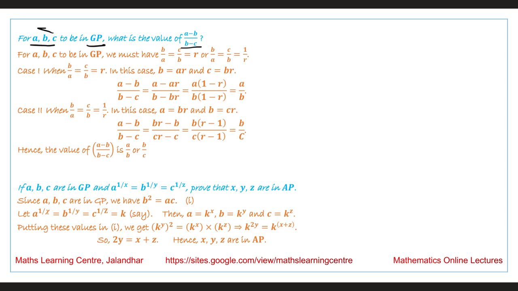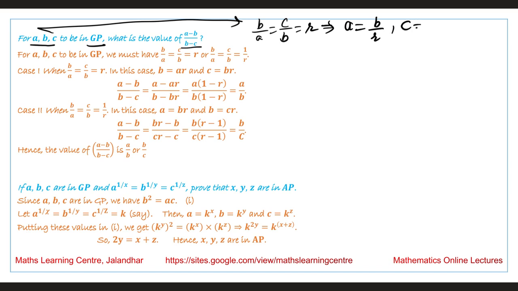So if A, B, C are in GP, we have B over A is equal to C over B, and this ratio is constant, it is equal to some value R. Now from this equation, if we calculate the value of A, it is B over R. If we calculate the value of C, it is R into B. And we substitute these values in the given expression, A minus B. So it is B over R minus B divided by B minus R into B.